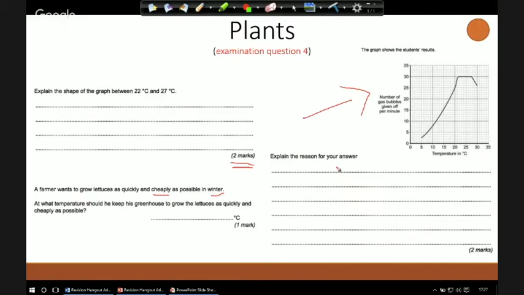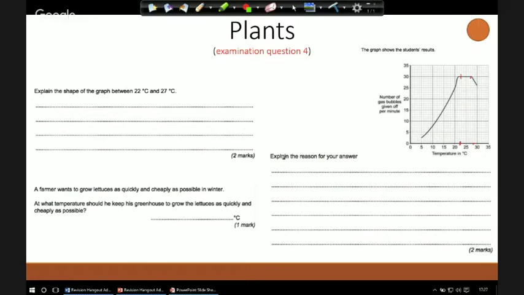And then an explanation. Well, if we take this graph to begin with, we find that as the temperature increases, the number of gas bubbles increases. And that's a sign those gas bubbles will be oxygen. So that gives us an indication of photosynthesis. But they're specifically saying between 22, which is around about here, and 27.